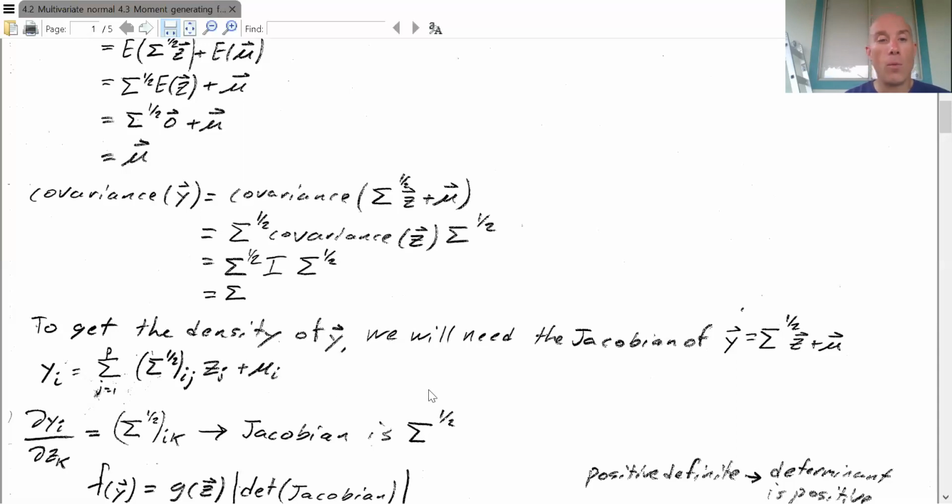The mu sub i part comes from here, and the summation comes from matrix multiplication. Now let's go ahead and take a derivative.